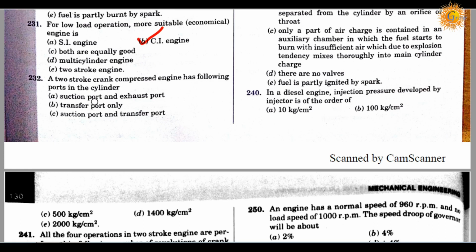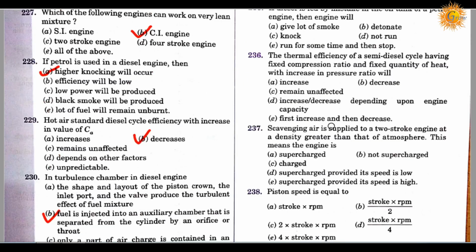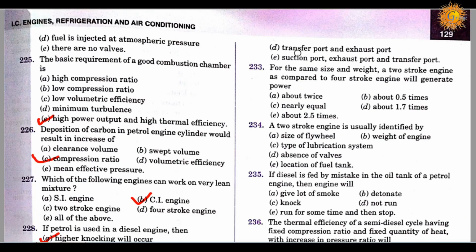Option A, suction port and exhaust port; option B, transfer ports only; option C, suction ports and transfer ports; option D, transfer ports and exhaust ports; option E, suction ports, exhaust ports and transfer ports. So the correct answer is E, all three types of ports: suction ports, exhaust ports and the transfer ports.